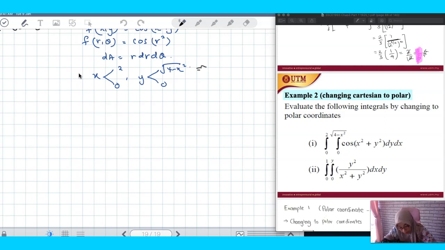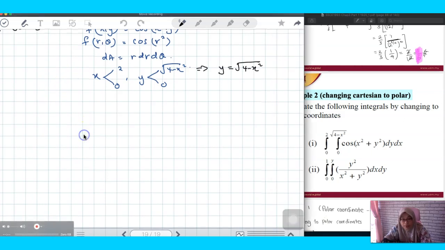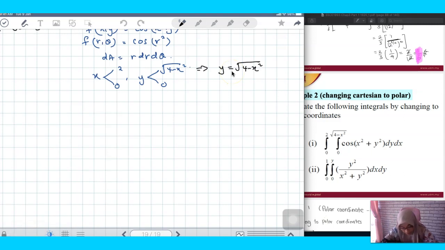You have to rewrite that interval into the equation. So you have y equal to square root of 4 minus x squared. Based on this, we know that the y value is always positive, right? This is from the original expression given. But in order for us to determine the function in general form, you have to rearrange. So you will get y squared plus x squared equal to 4. So we know that it is a circle centered at the origin. Radius is 2.